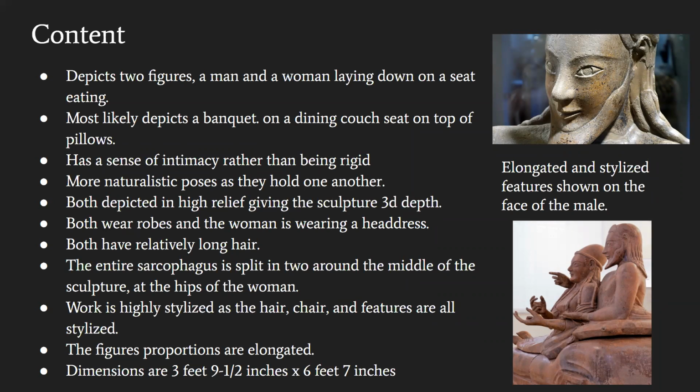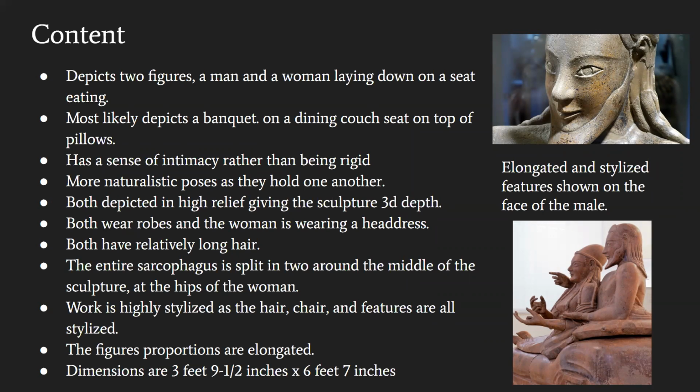It had high relief and 3D depth, and they both were wearing robes, and the woman had a headdress on, while the man did not. Both of them had pretty long hair, split in two around the middle and down around the hips of the woman, and the artwork was actually highly stylized, as seen from the hair and chair, and the proportions are elongated.